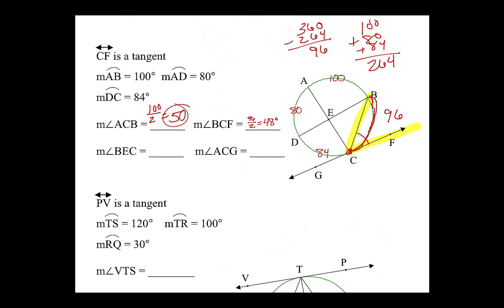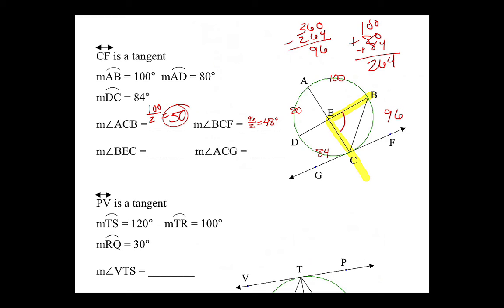Angle BEC, again, I'll leave the 96 because I figured that out, but erase everything else. Angle BEC, so from B to E to C. Now this is a chord angle, or in other words, it's inside the circle.